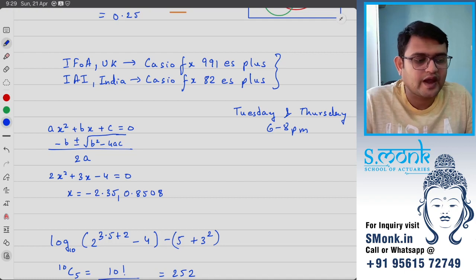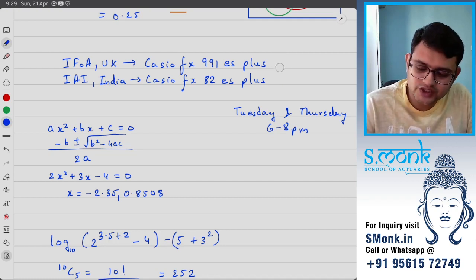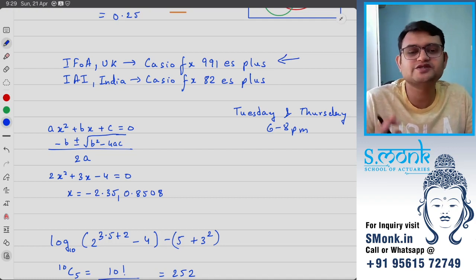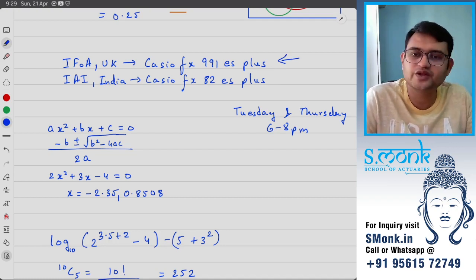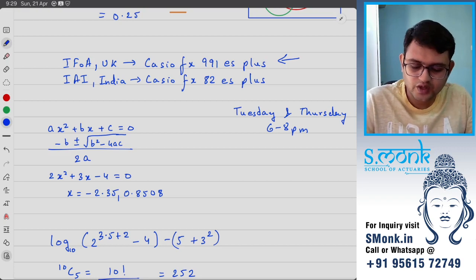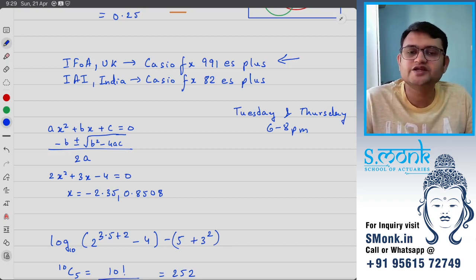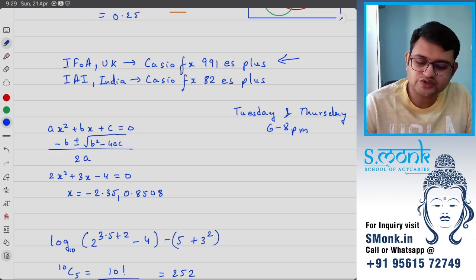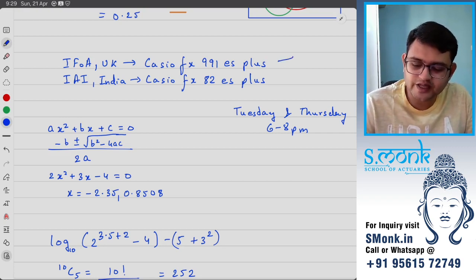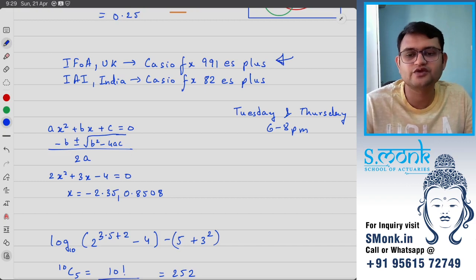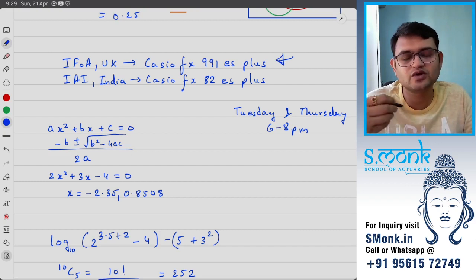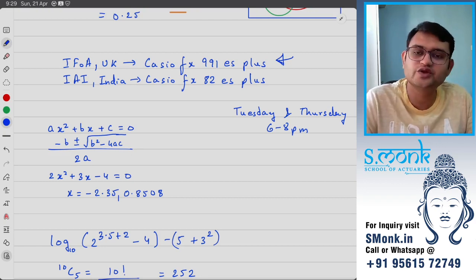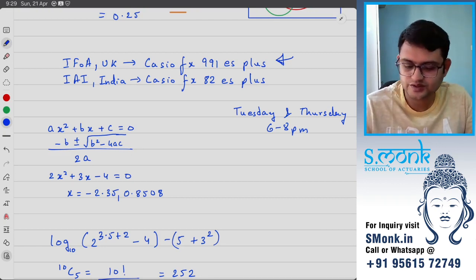There is no actual restriction in IFoA for the calculator, but this is the best calculator that we can go with, and it's just easier. It contains all the functionalities that we would want, and most of the colleges recommend this calculator itself. So if you are studying in a college and require a scientific calculator, this is the calculator you might be already using.